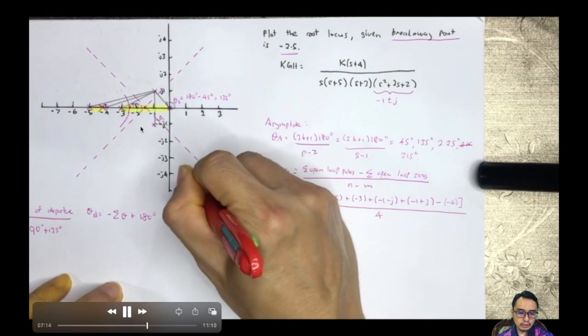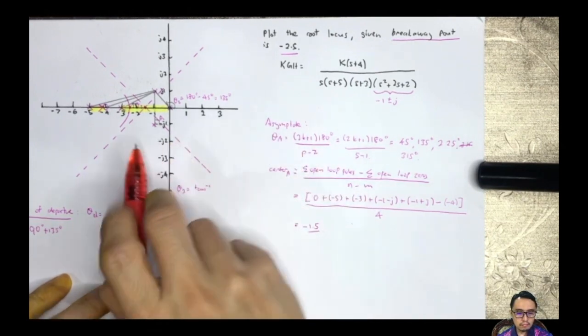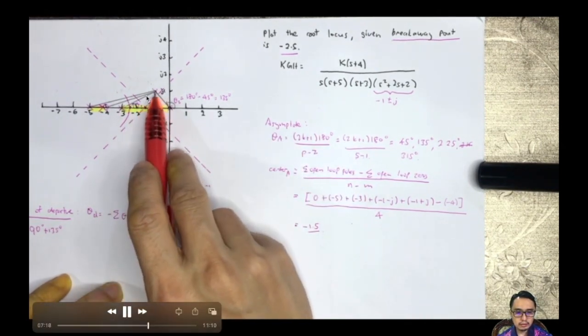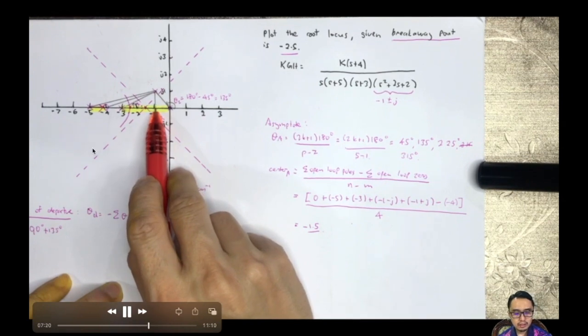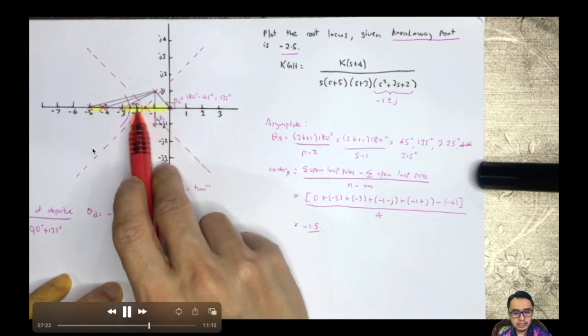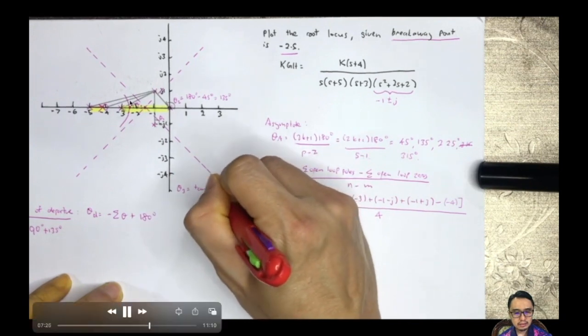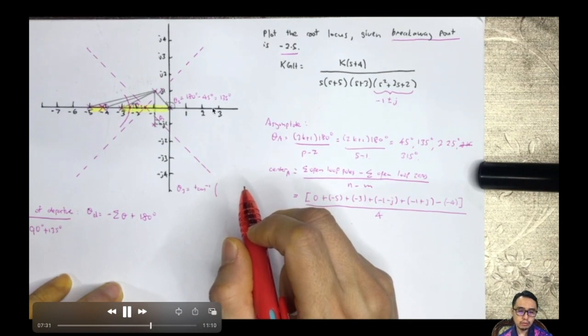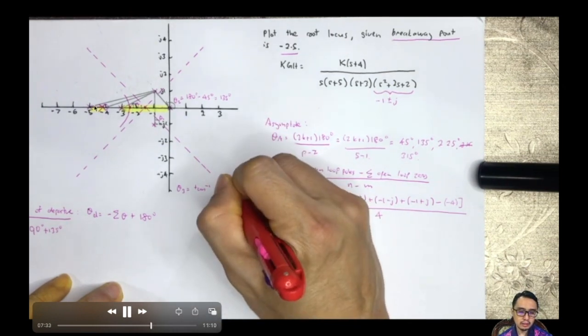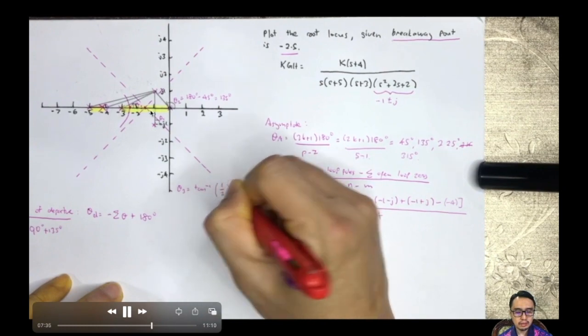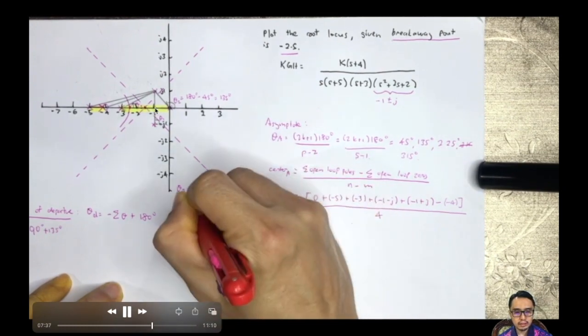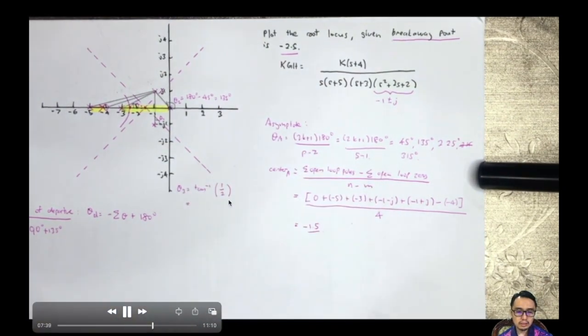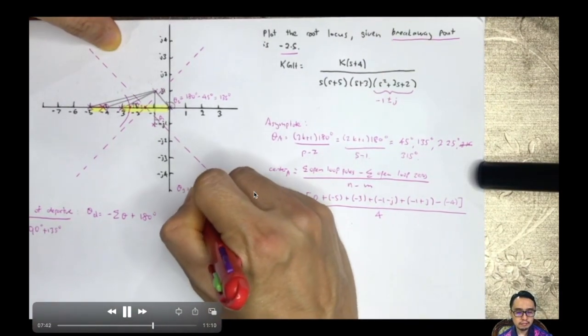For the next one, this angle, you have to calculate using the inverse tangent. So that's 1, and that's 1, 2. It's good if you can make it according to scale, so it will make it easier for you to calculate the length. So inverse tangent of a half.